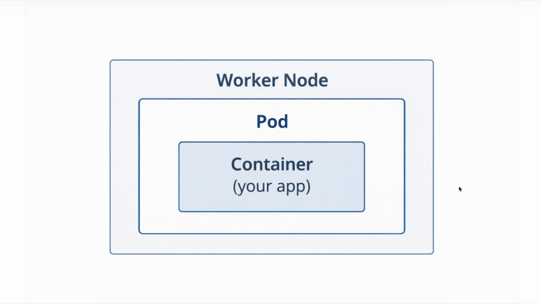When the control plane decides to run something, it runs on a worker node. Worker nodes do not make decisions. They simply run what the control plane tells them to run. The control plane decides what should happen and worker nodes make it actually happen.